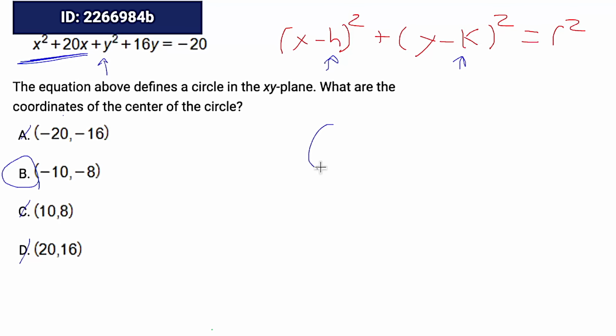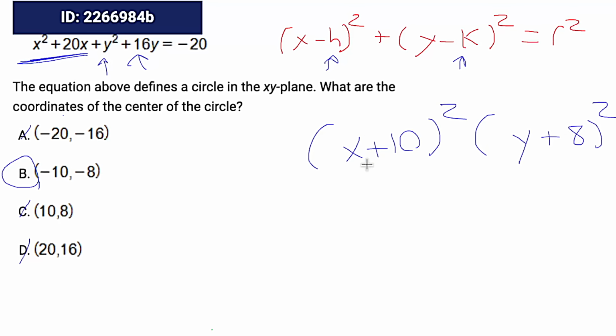So basically it becomes like x plus 10 squared. And then same thing over here, it would become y plus 8 squared. And there's more to it because we have to add stuff to the right side. But if we're just looking for the center of the circle, we actually know that the left side is going to look like this.